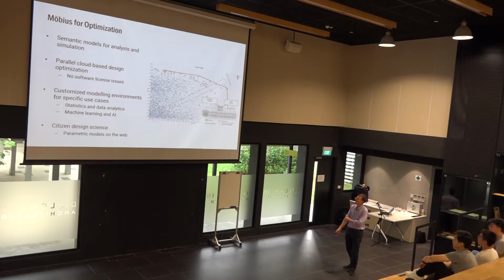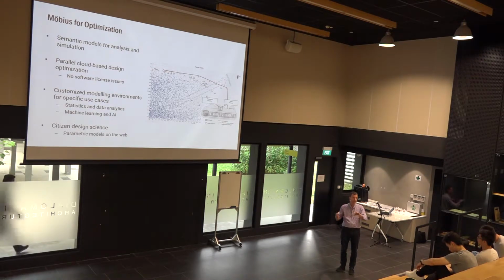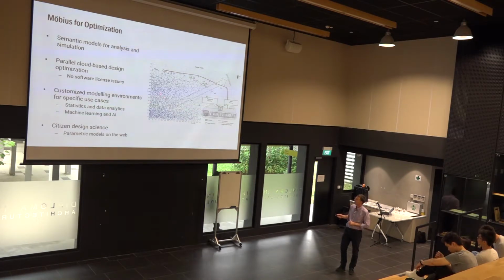And Mobius Optimization is really creating parametric models, then uploading to the cloud, and then using cloud computing to do the optimization process. So the first image I showed you with all those different point blocks all arranged, each one of these points, these are two performance criteria on the two axes.